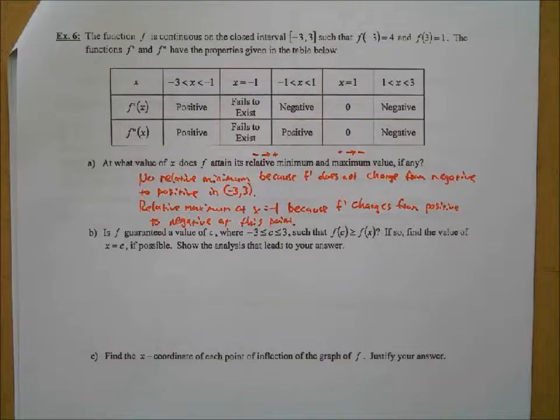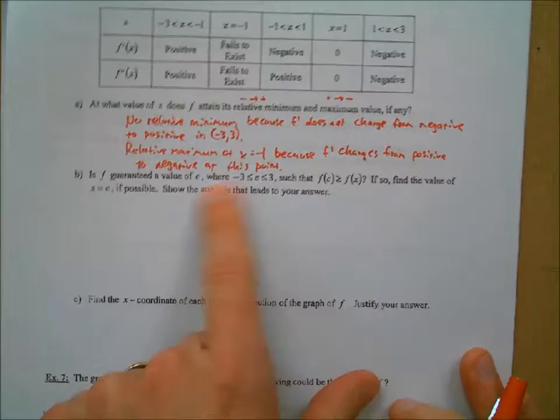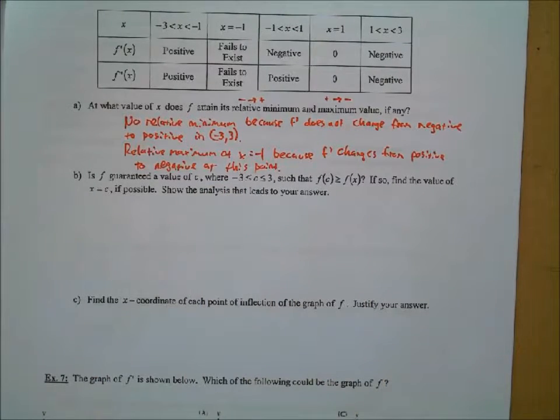If so, find the value of x equals c if possible. Okay? This wording here, what is that equivalent to asking? Does f have an absolute maximum? Okay? Does f have an absolute maximum?